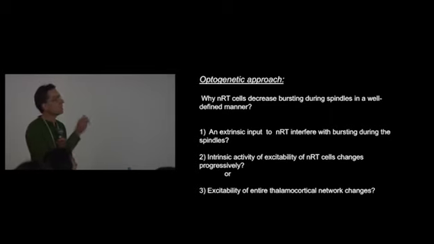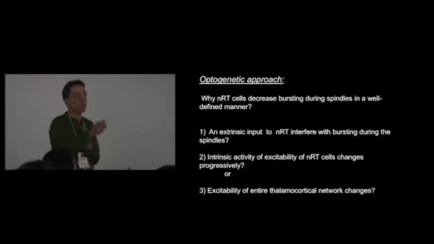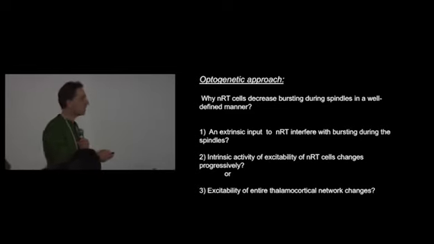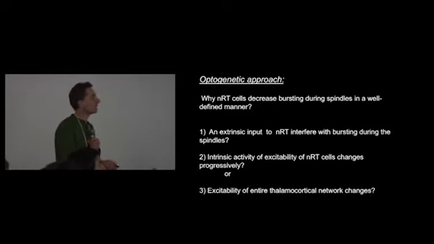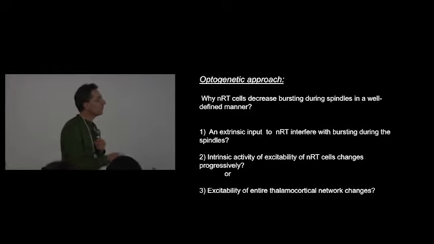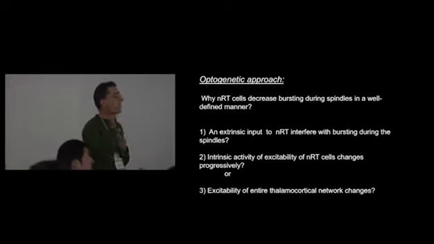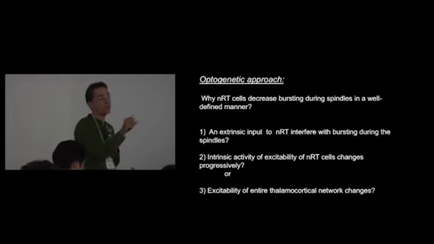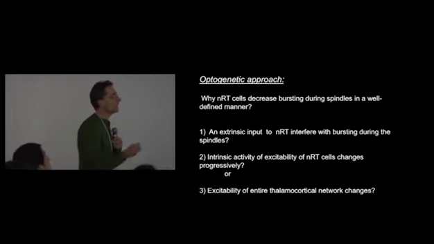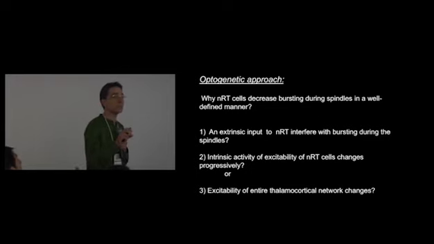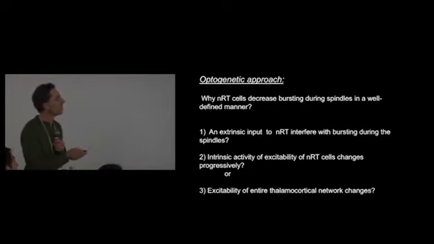So the question is, why do you have this well-defined change in the activity of NRT cells? Basically, you can have three possibilities. Either you have an extrinsic input which somehow changes NRT activity during the spindle, and it will tell when the spindle should stop.